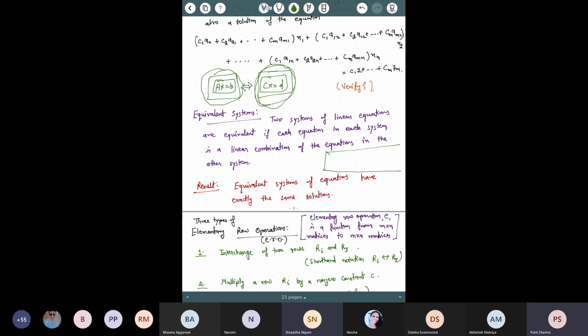What do you mean by originality? How do you define this originality? The solution set remains the same. The solution of the matrix will not change after applying the operations. Hmm. This is because you have learned these things, right? You are recalling some of the results which you have learned.